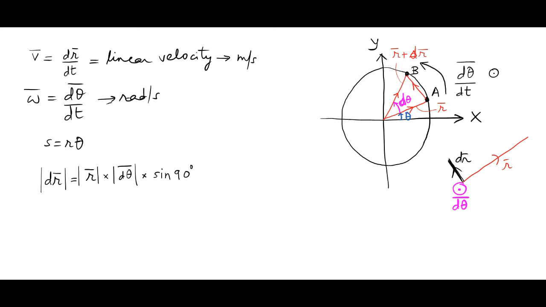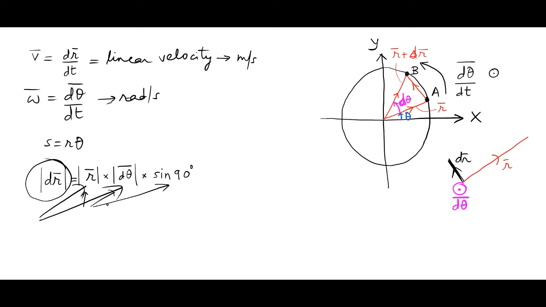And incidentally, the angle between r bar and d theta bar, if you look at this figure, is 90 degrees. So it means that you've got these vectors where these two have an angle of 90 degrees between them, and on the right hand side you're multiplying two vectors, their magnitudes, with the sine of the angle between them, and as the answer you get the magnitude of a third vector, where the third vector is perpendicular to this as well as perpendicular to this.